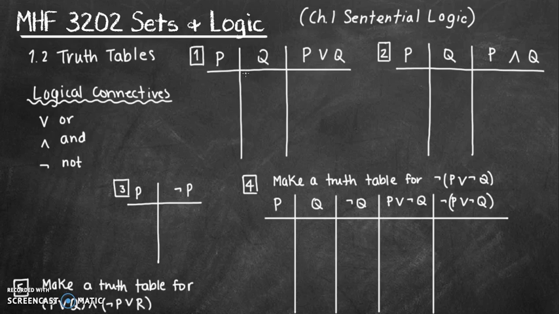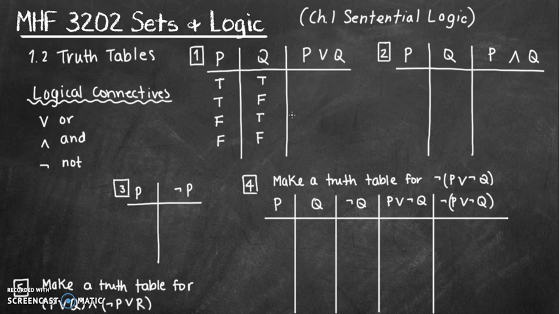So in the columns labeled P and Q, we're going to list all the possible true and false combinations of P and Q. So now we have an exhaustive list of all the possible combinations. And then we're going to see what happens to the truth value of our overall statement in the last column.